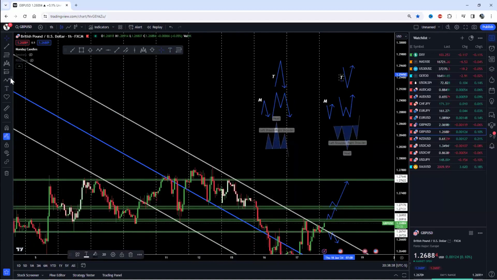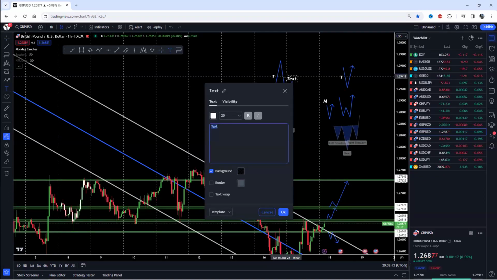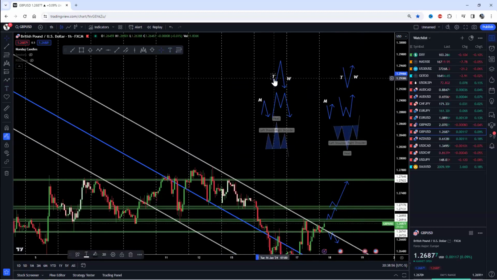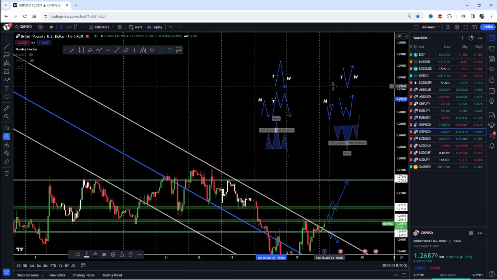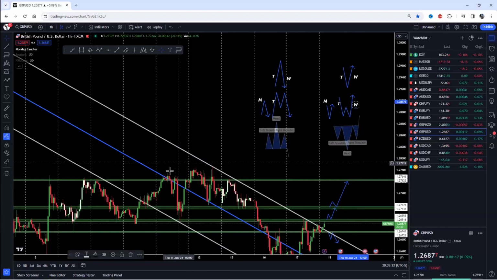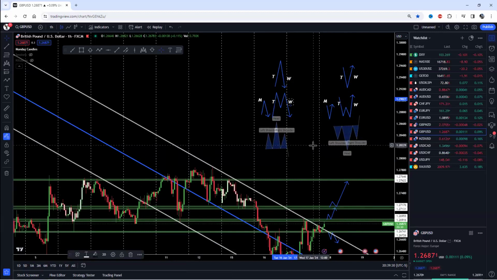Right side of the heads are created on Wednesdays.